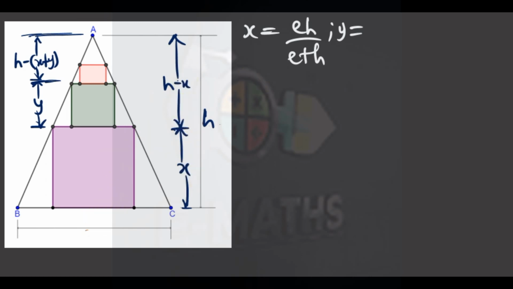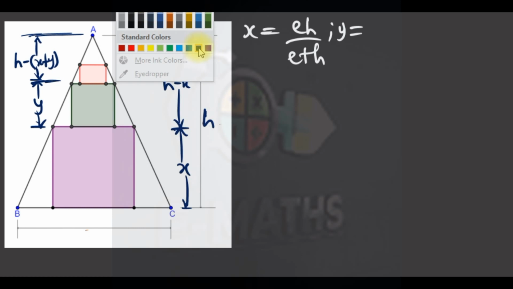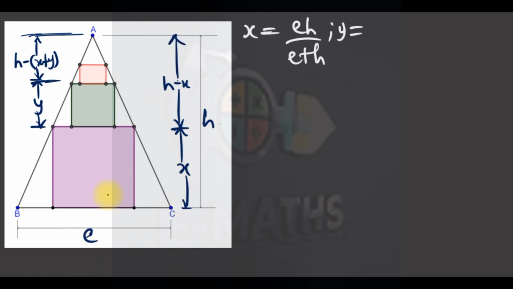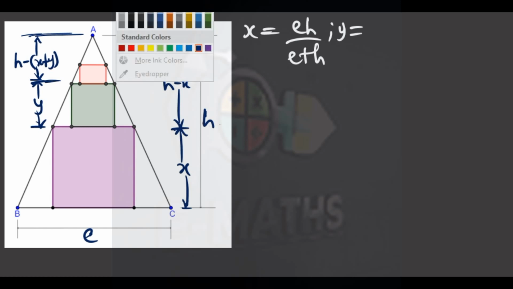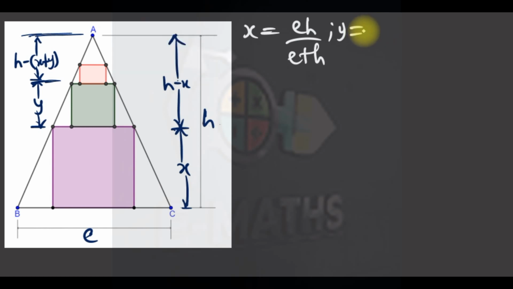Remember we used the base here to be e. Now our base here for this triangle is x.